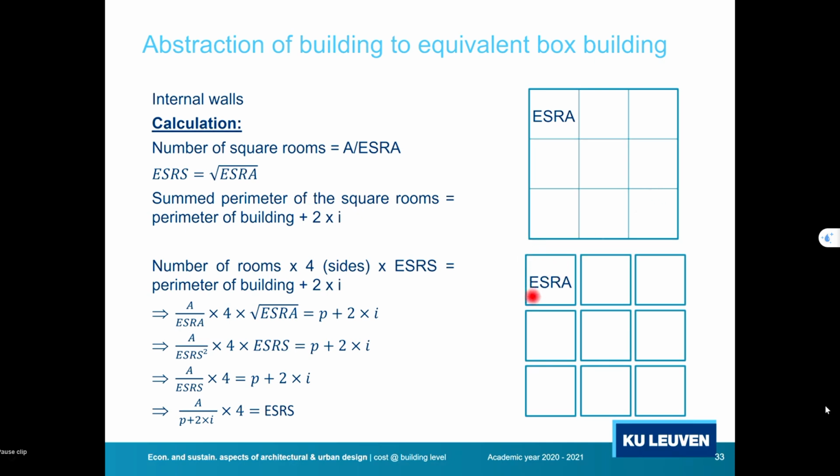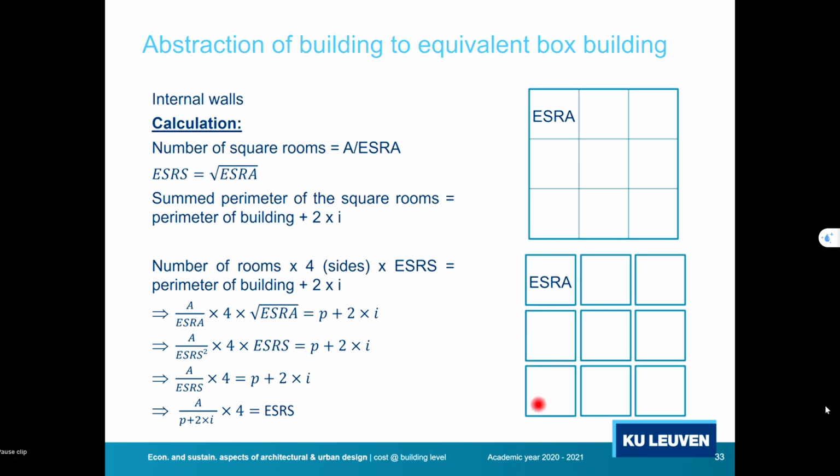So I subdivide my box building into equal rooms, which are all square rooms, and I now want to calculate the length of the side of these rooms. Well, I know that once I have subdivided my building in the number of rooms, and I know how many I have, I know the internal length of the internal walls of my real building.